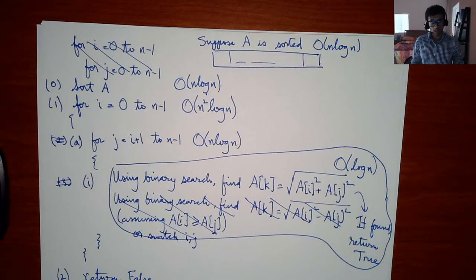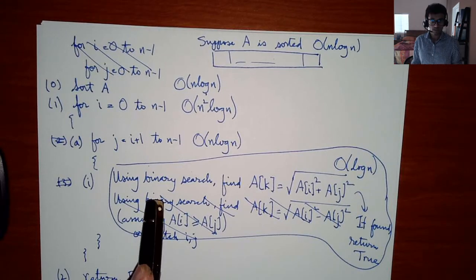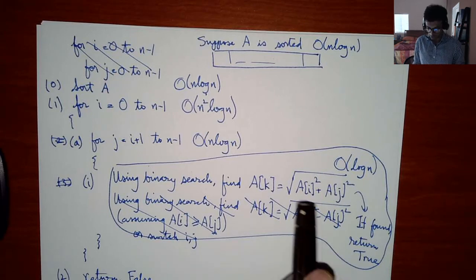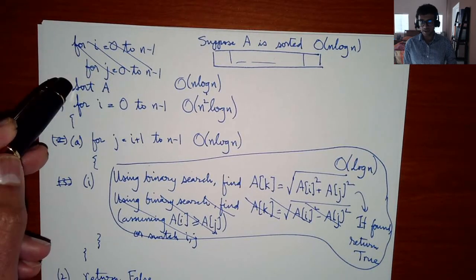Okay, what about a balanced binary search tree? Maybe that's going to help. But even in a balanced binary search tree, the search is still log n. What about a hash table? In a hash table, the searching is constant. And you can build a hash table in linear time.